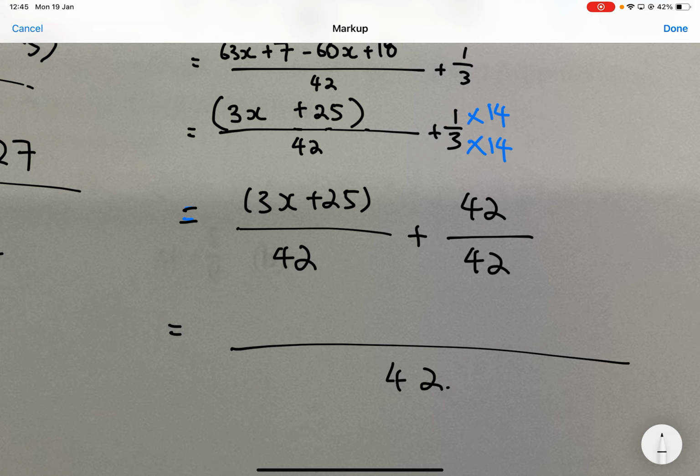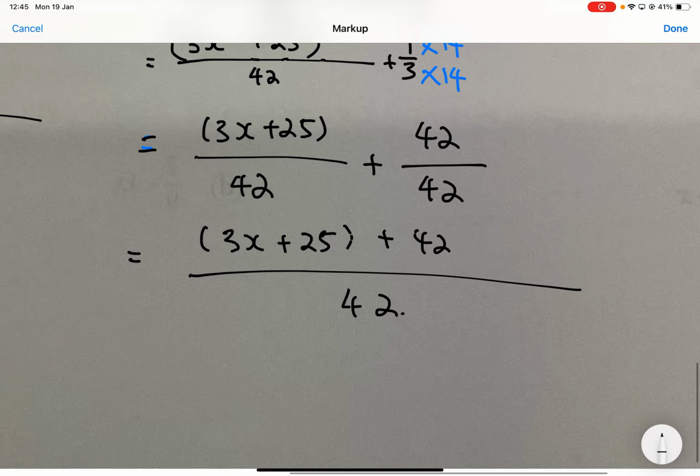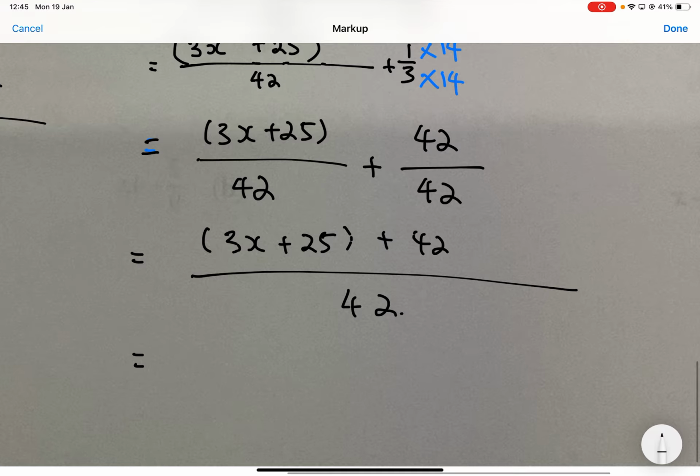Common denominator already. Put them together. Then this is addition, so it's numerator plus numerator. Even if I still have the bracket, it just means that my 3x needs to plus 25 first.